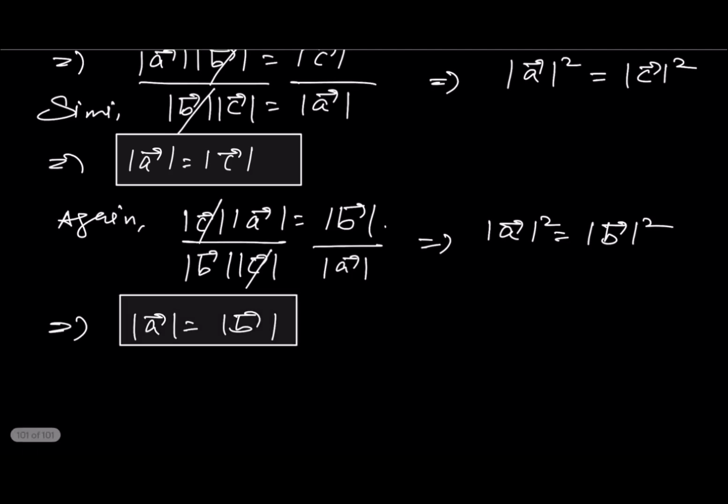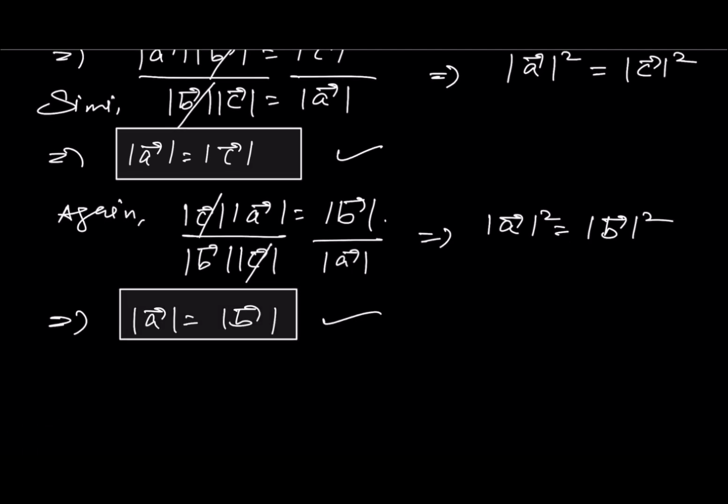So from this and this, mod A is equal to mod B is equal to mod C.